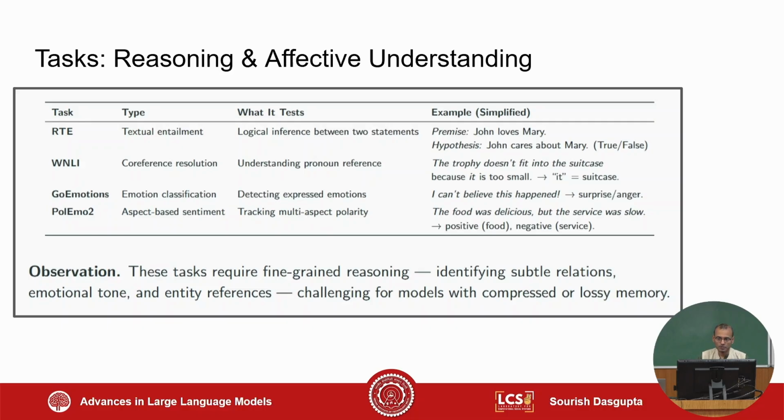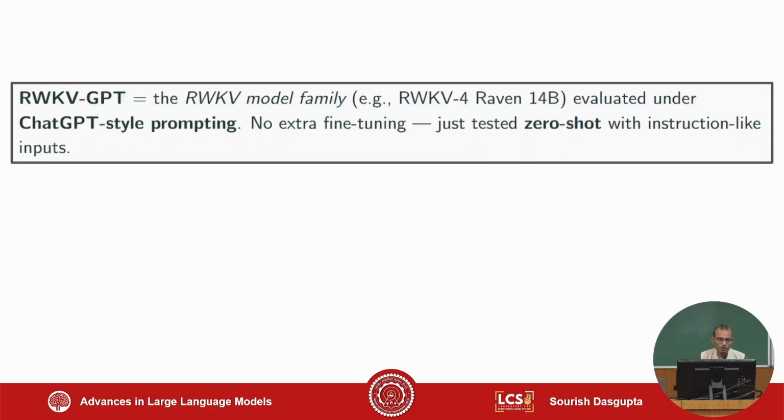And so these are the tasks on which Rakov was challenged with respect to the LLMs. What they did was they first created something like a Rakov-GPT family, which is basically Rakov as the base model, and they tried some zero-shot, instruction-like inputs, and tried to see whether there is in-context learning capability within the Rakov model, right?